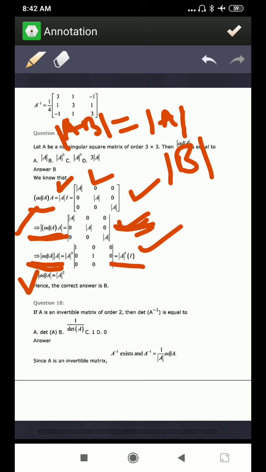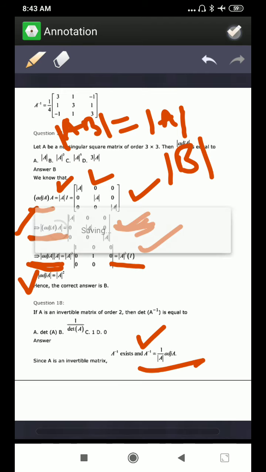Question number 18. If A is an invertible matrix of order 2, then determinant of A inverse is equal to. Now see, we know that A inverse is equal to adjoint of A divided by determinant of A. If it is an invertible matrix, then A inverse is defined.